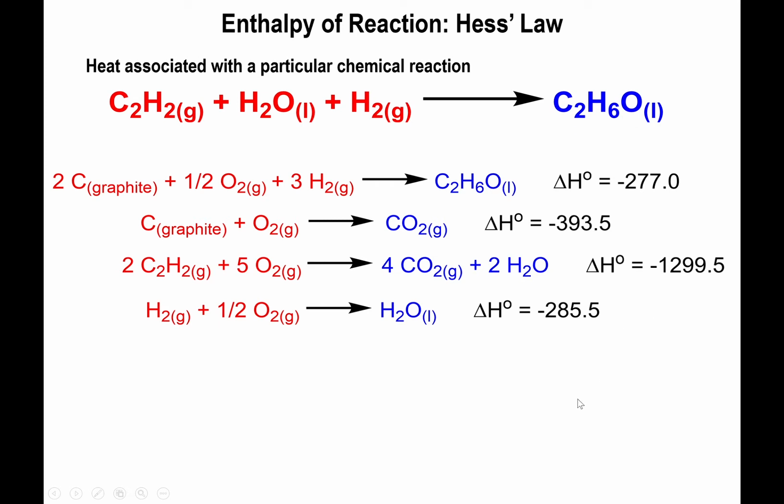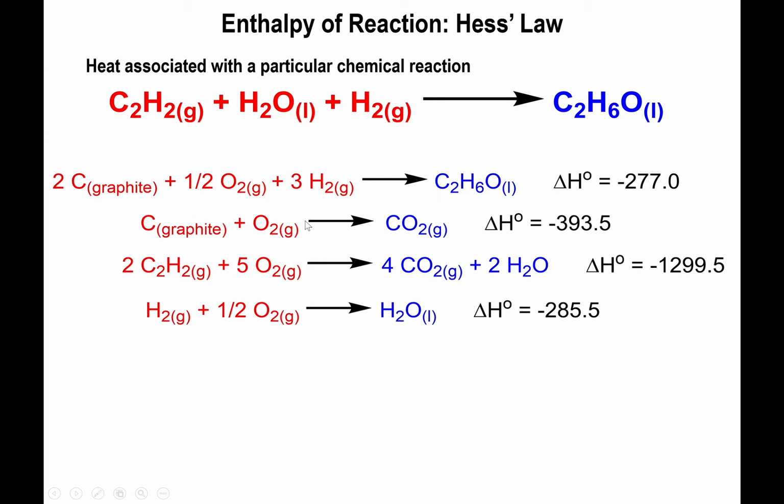That being said, there are molecules present in the reactions for which delta H's of reaction are given that are either components present as reactants or products of your desired equation. For instance, we have C2H6O as a desired product in our reaction, and it so happens that one of the reactions has C2H6O within it.